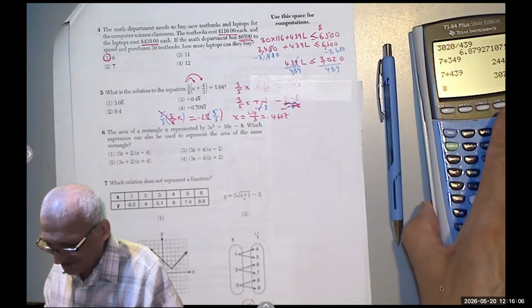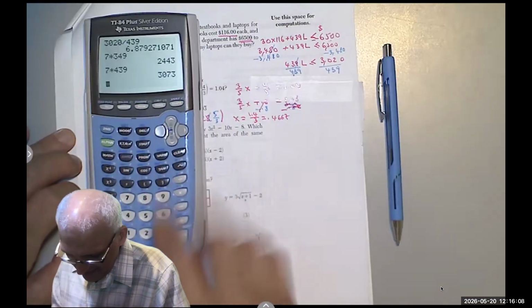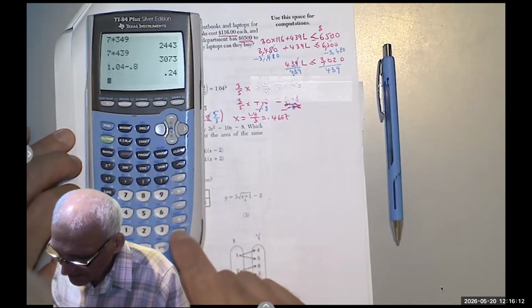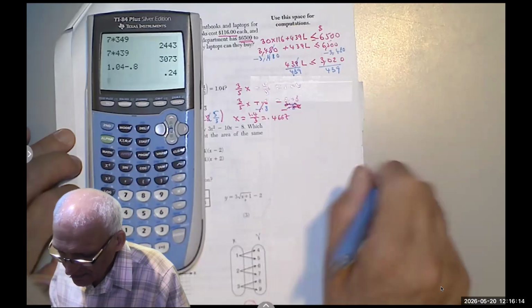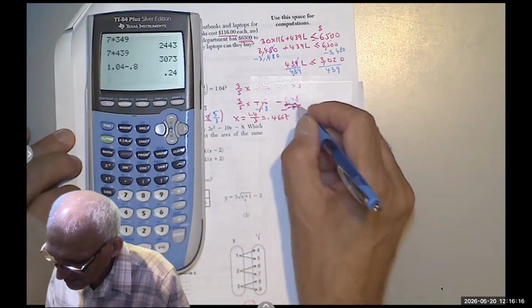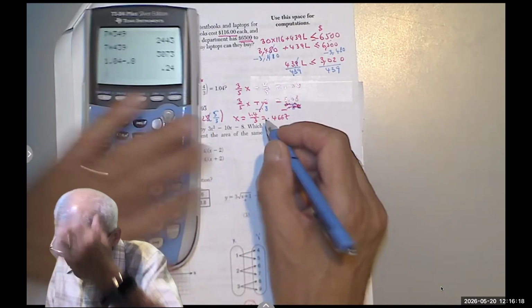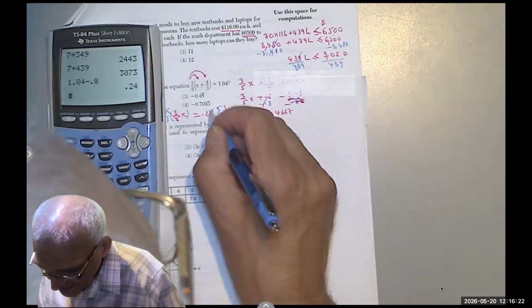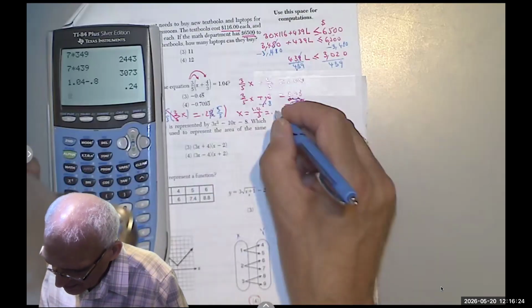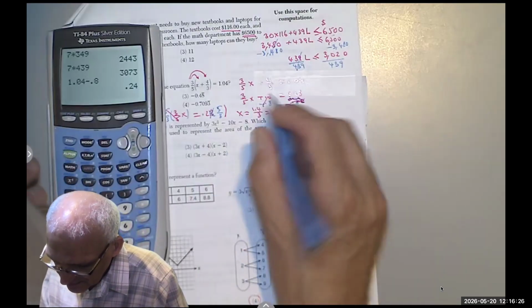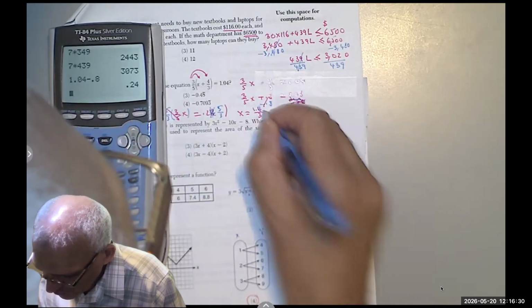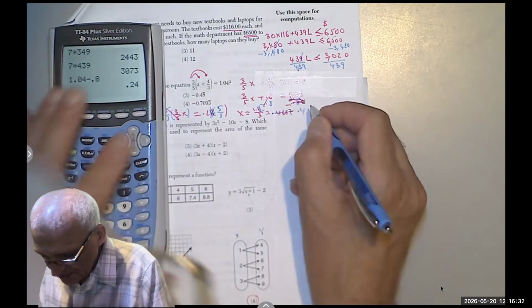What did I do wrong? That's so funny. 1.04 minus 0.8 is 0.24. Yeah, I said 0.88. So 0.24, that would be 1.2, or this would be 0.4.